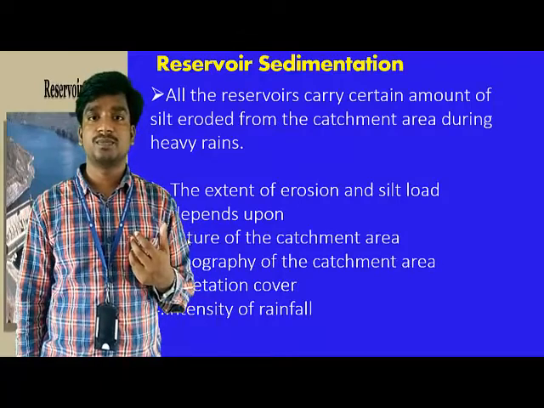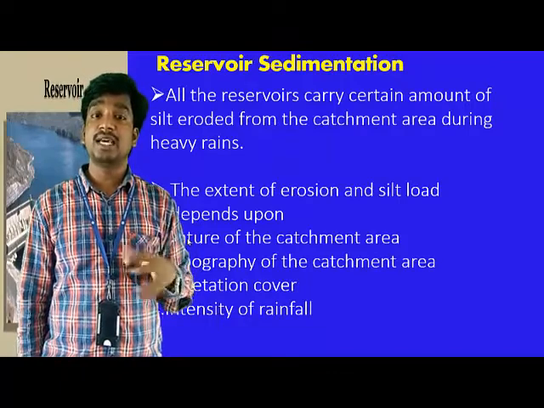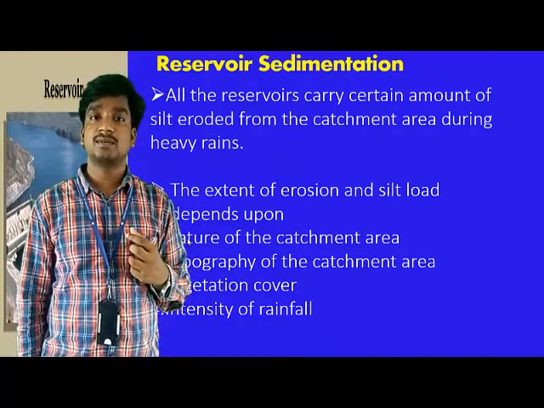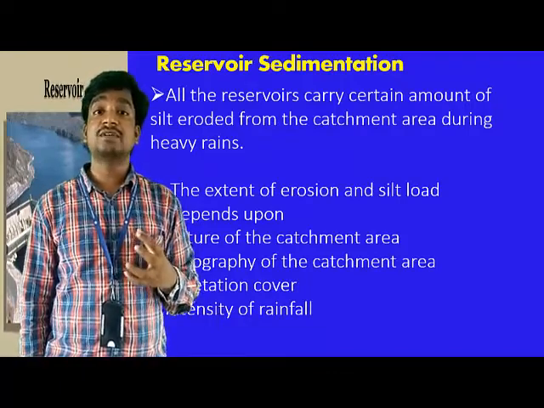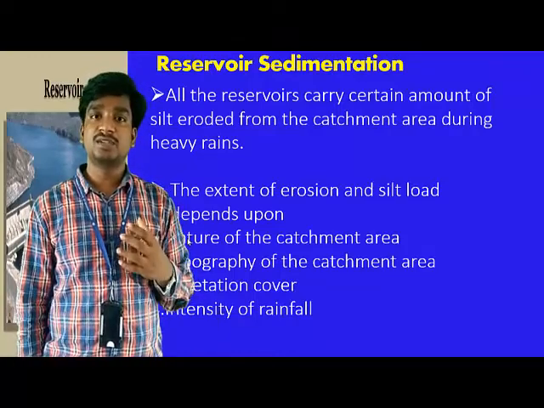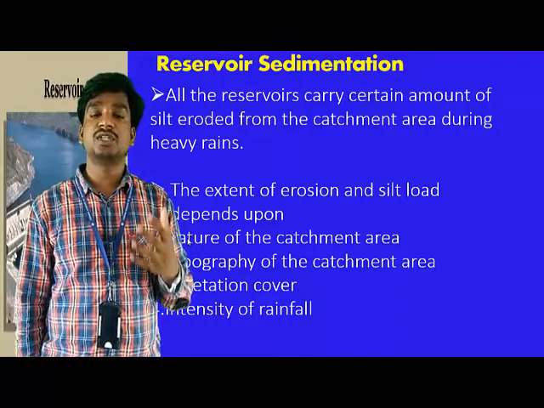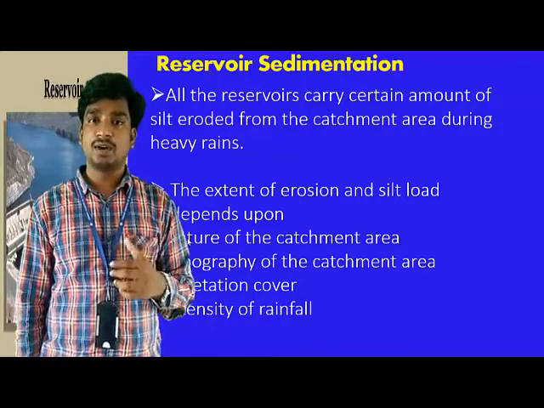So having sufficient vegetation cover in the catchment area is very, very essential, because it greatly affects the silt deposition. Silt deposition gradually reduces whenever sufficient vegetation cover is provided.